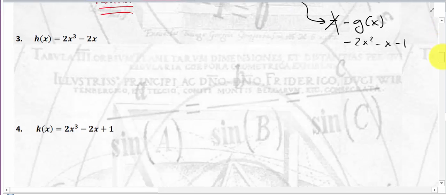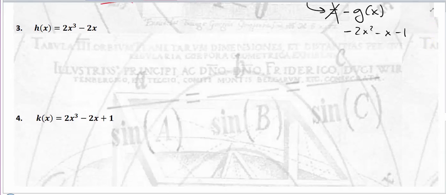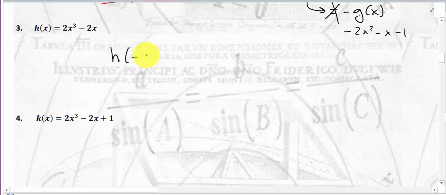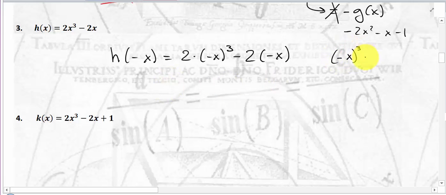Okay, let me do number 3. H of negative x equals, so let's see, 2 times negative x cubed minus 2 times negative x. Okay, let's simplify this. Now, here we have a negative x cubed, which is the same as the opposite of x cubed. I hope you understand there is a difference between these two things, right?